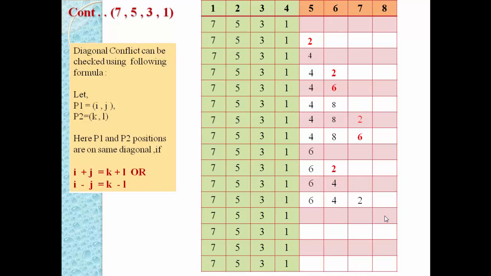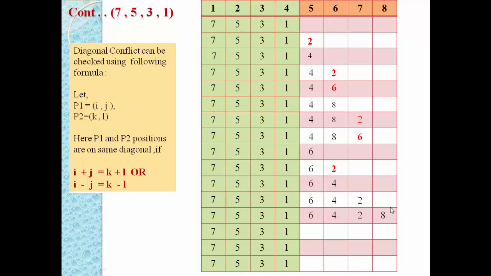Now we need to place our last queen on 8th row. Once we place on 8th row, we need to identify the column. We have already occupied column number 1, 2, 3, 4, 5, 6 and 7. So only one chance, that is we can place our 8th queen on 8th column. So this is fixed, and here we can place our 8th queen on 8th row, 8th column.